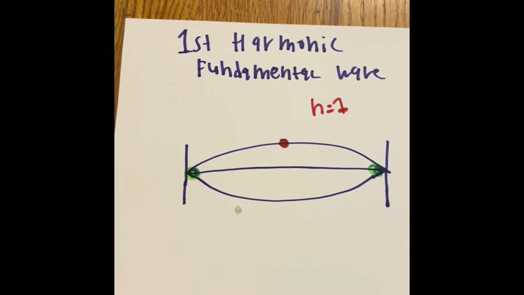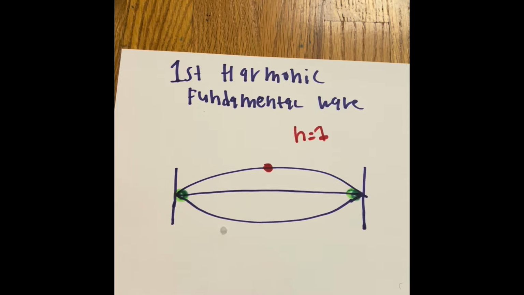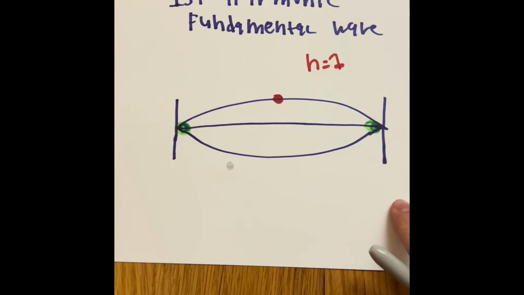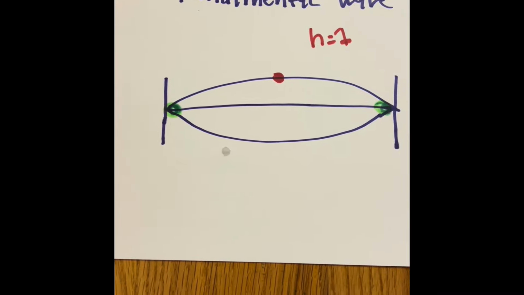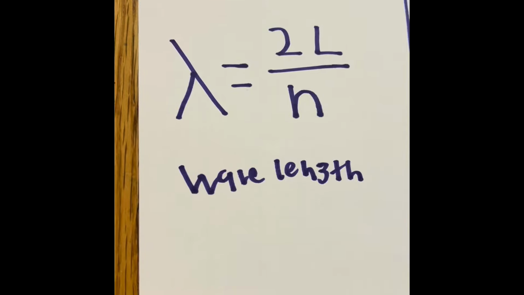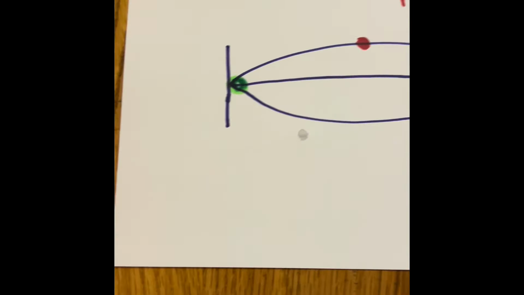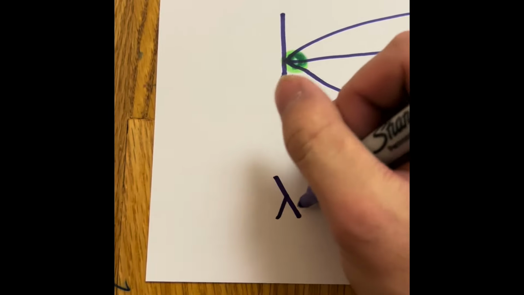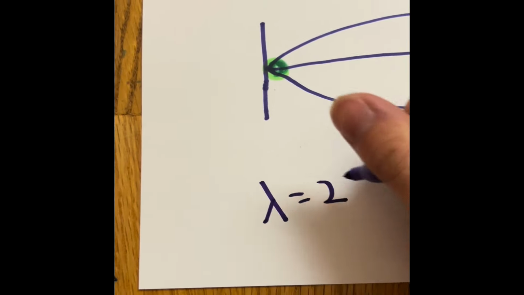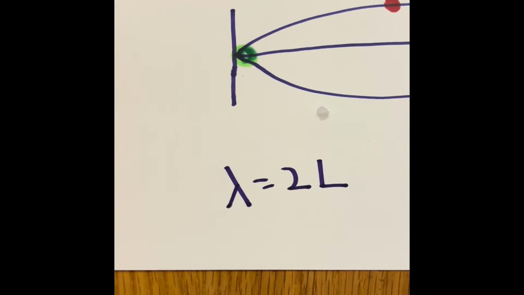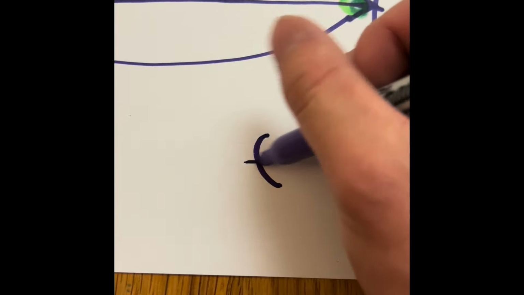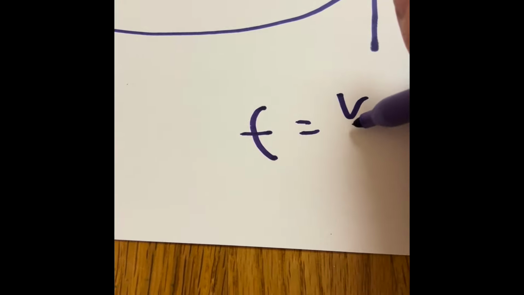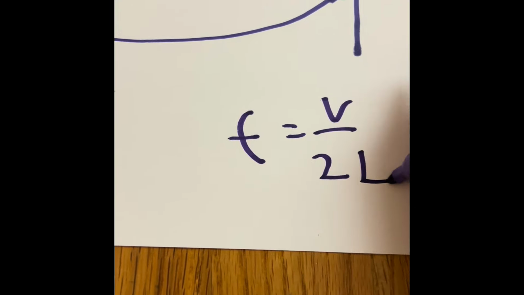So here's what's going to happen. If you were to simplify, because many physicists and mathematicians try to make math as easy as possible, to find the wavelength, all you'd have to do is write the wavelength equals 2 multiplied by the length. And for the frequency, you would have to do f equals the velocity divided by 2 times the length.